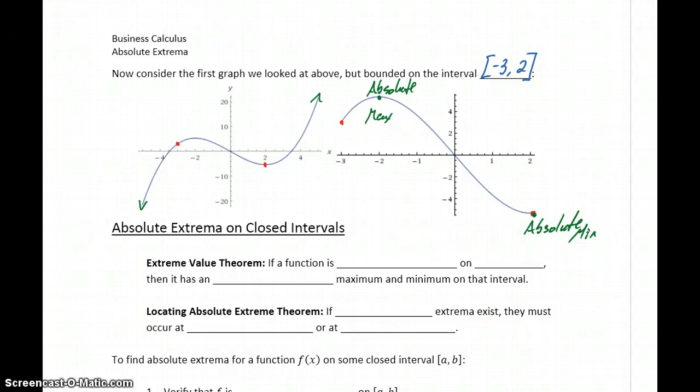So we can have different things occurring. We can take a function that doesn't have absolute extrema, but then if we consider it on a restricted domain, we do end up with both an absolute maximum and minimum occurring. So what we're going to do is take a look at how we can use the function that we're given and pull out information about whether or not these absolute extrema exist.